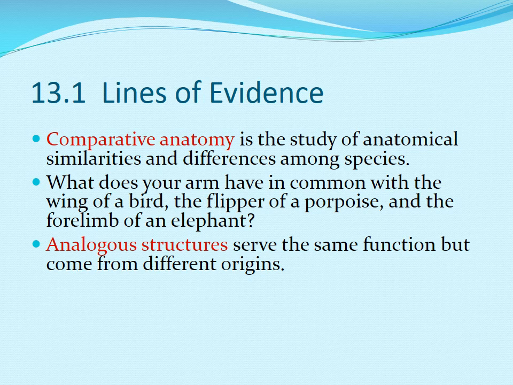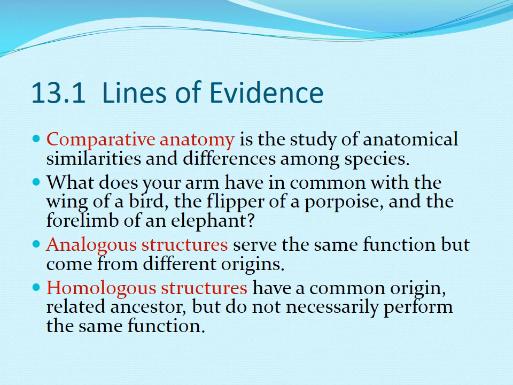And I'll show you another picture in a second. Homologous structures are structures that maybe are not always exactly the same in function, but very likely, due to their structure, had a common ancestor. Okay, these probably did evolve from a common ancestor. So here, let me show you some examples of that.